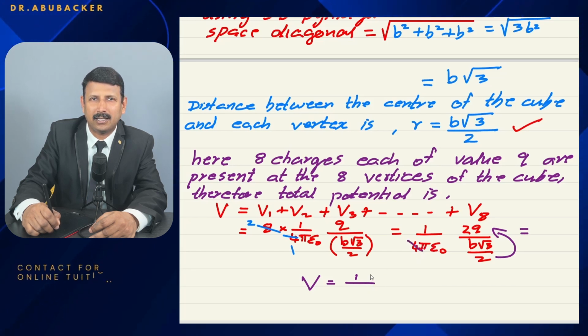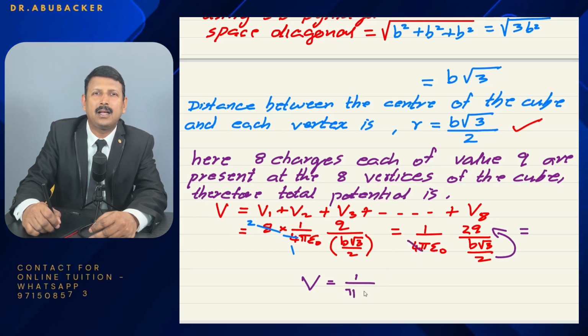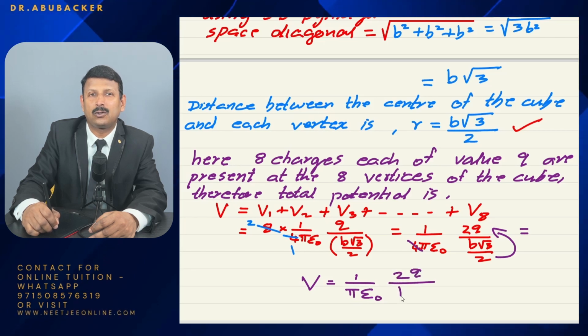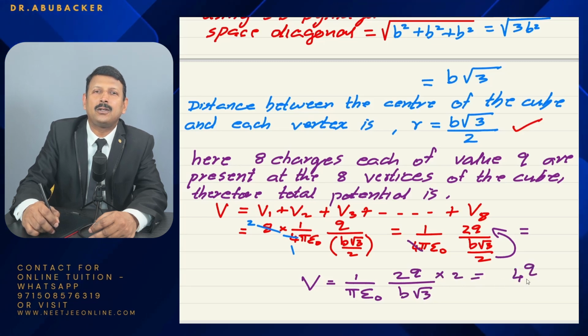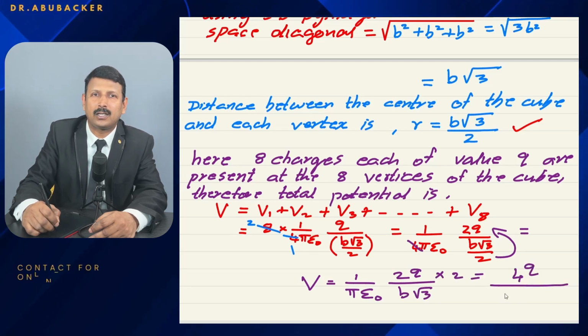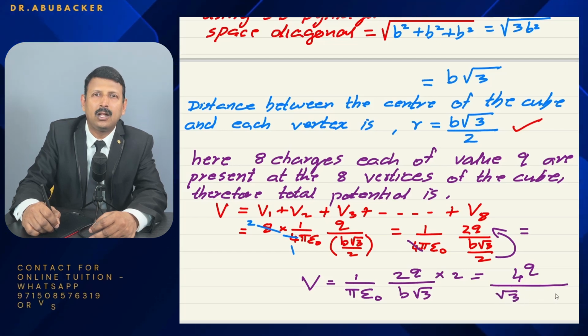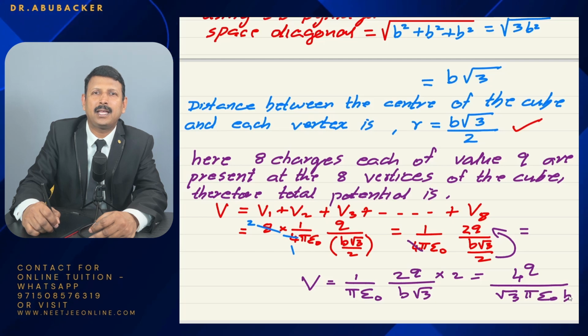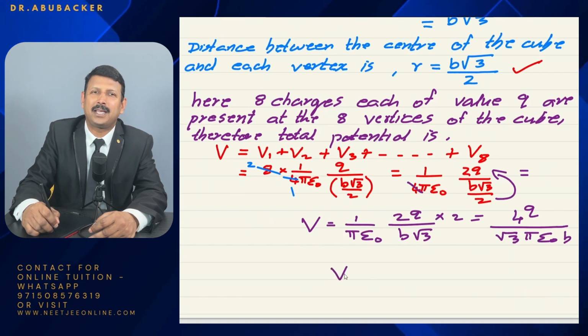Okay, cancelling now. 1 by pi epsilon 0, numerator 2 into q, that q came from the denominator. 2 into q divided by b root 3 into 2. One 2 was there already, 8 cancelled that one, the other 2 came from the denominator. So total 4q divided by root 3 pi epsilon 0 b.